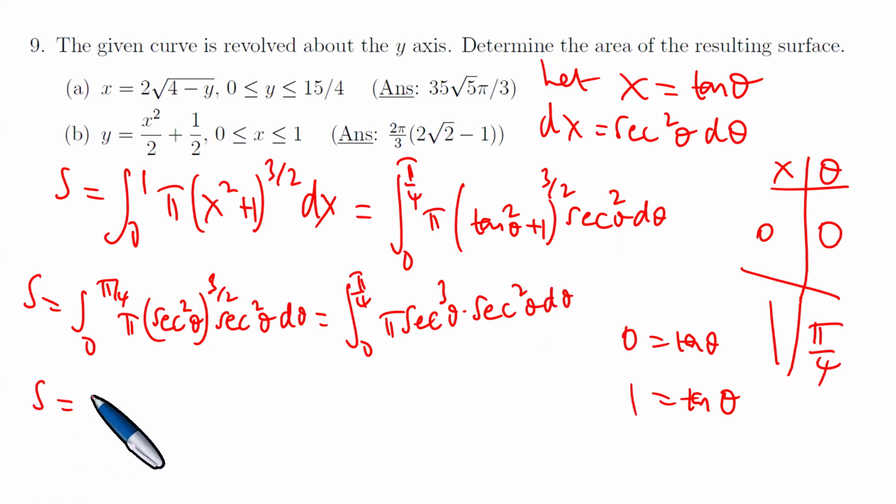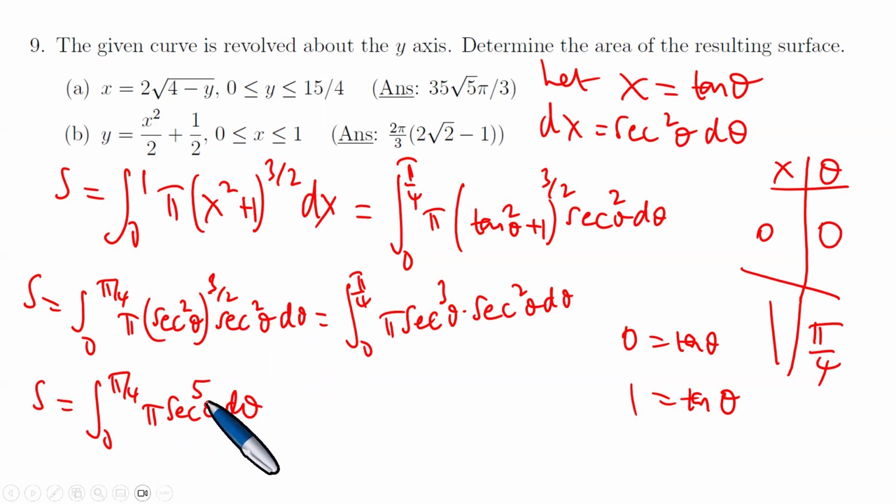So this gives us the integral from 0 to pi over 4 radians of pi times secant to the power 5 of theta d theta. What is the integral of sec to the power 5? Use the reduction formula we learned for the secant, but you can just use integration by parts as well.